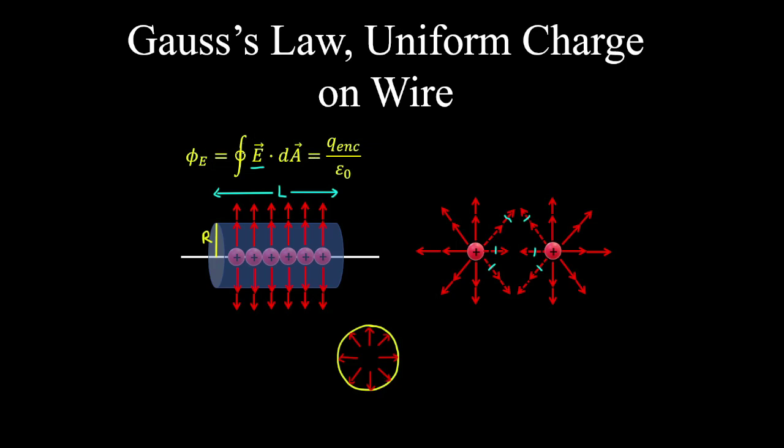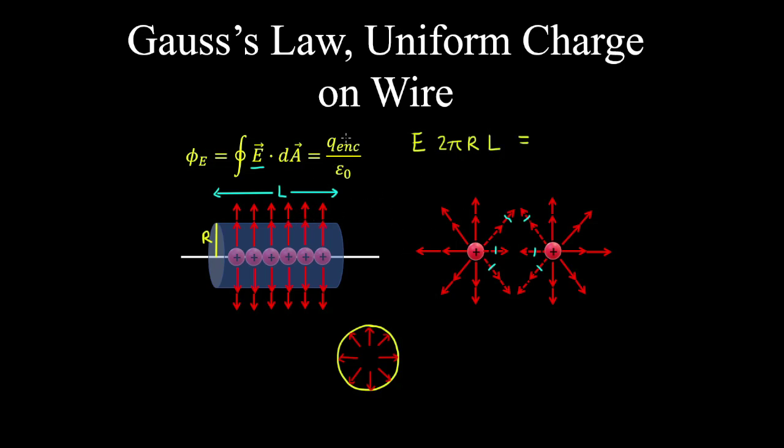So therefore we can now simplify our flux integral and calculate it using algebra. We have the electric field, which is uniform on this cylindrical surface. The area on which it's acting is 2 pi times the radius of the cylinder multiplied by the length of our cylindrical Gaussian surface.